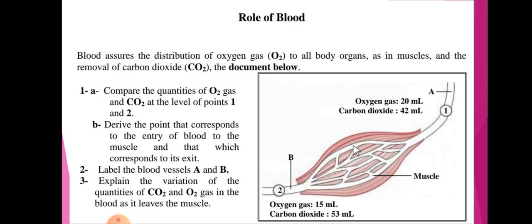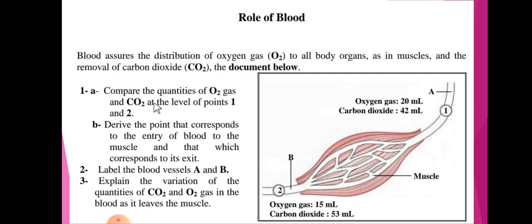Here we have a muscle. The oxygen gas, here we have 20, carbon dioxide 42 here, while in B, oxygen gas 15, and the carbon dioxide is 53.